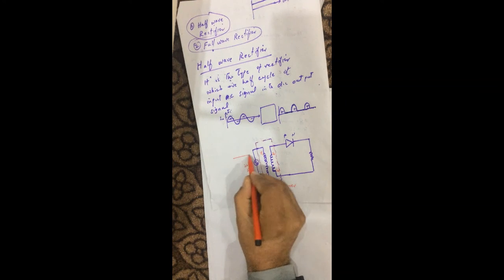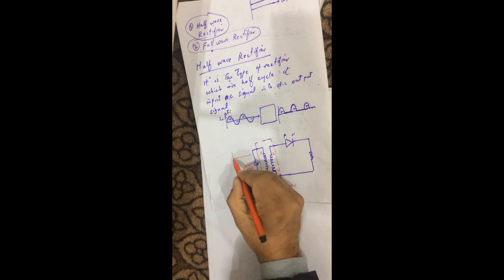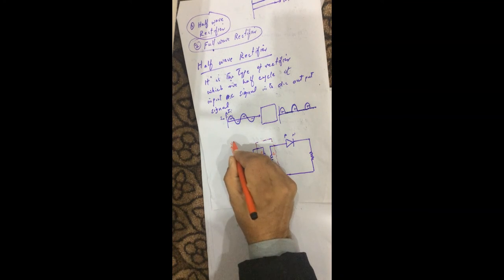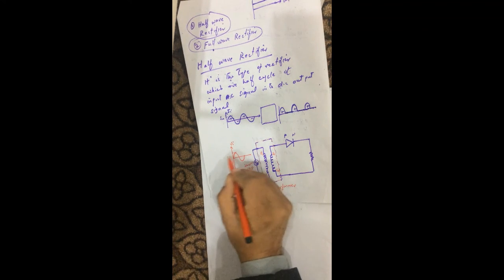Now here we have given an input signal, and the input signal is alternating current. It's like this. Here we have the input voltage Vi, and this is the maximum value of the voltage. We call it Vm or Vp.